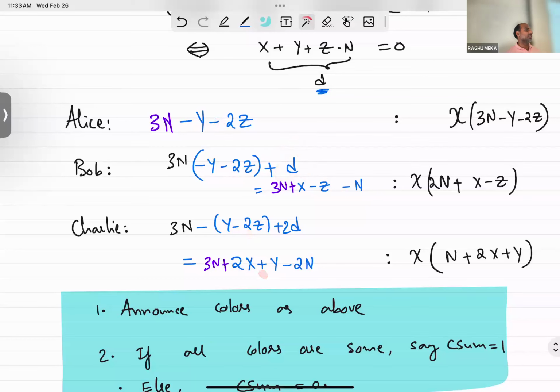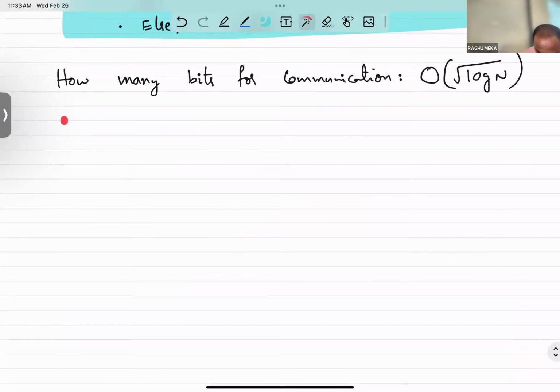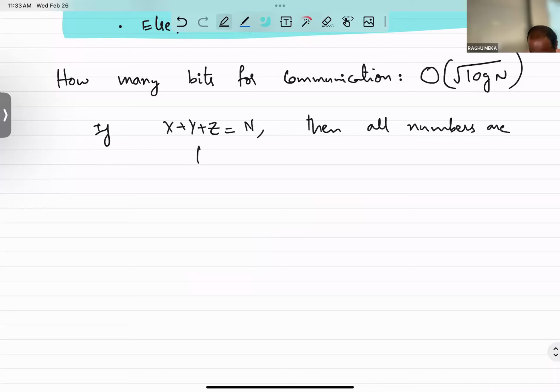So the colors will be the same. If x plus y plus z equals n, the protocol will say, yes, checksum is 1. So if x plus y plus z equals n, then all numbers are the same, so it implies all colors are the same.